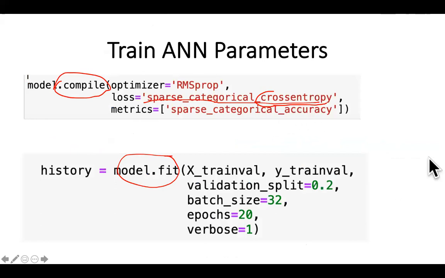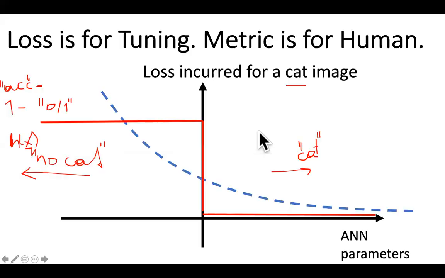There's one good comment: there might be a problem if the data set is not balanced, for example if there are only 0.1% cat images and the rest are no cat images. Yes, that's one problem, and that's why the average 0-1 loss, the accuracy, is not good there. You might look at something else like a confusion matrix, which is a more upgraded, fancier version of the 0-1 loss. But let's say we have a balanced data set, so balancedness is not the issue.